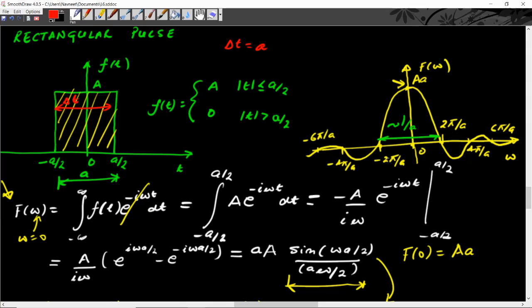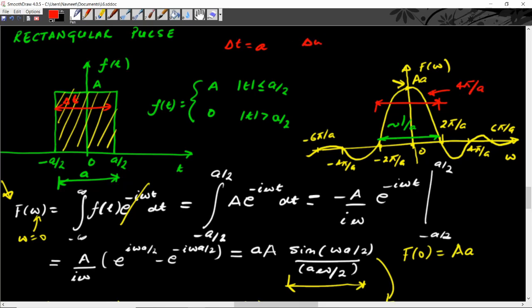And the bandwidth we can define as, in this case, the width corresponding to frequencies at which this function attains 0 value for the first time. So that means in this case this width is 4 pi over a.